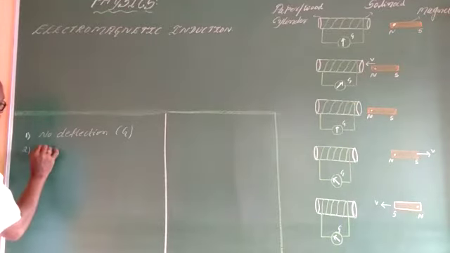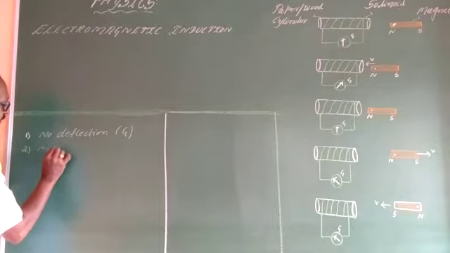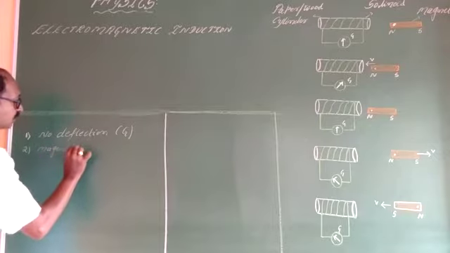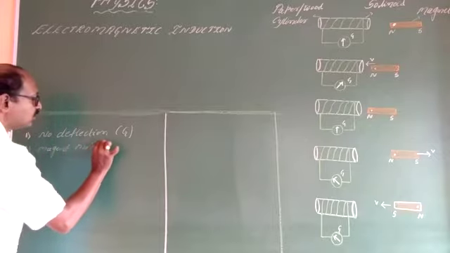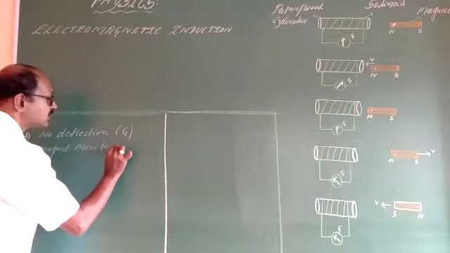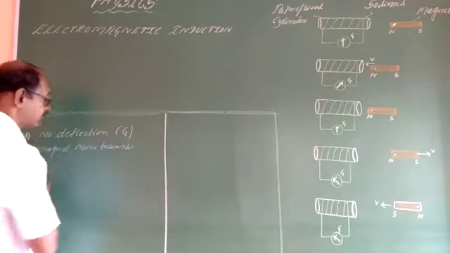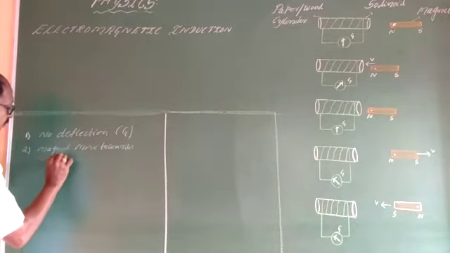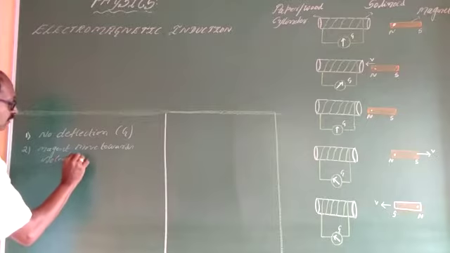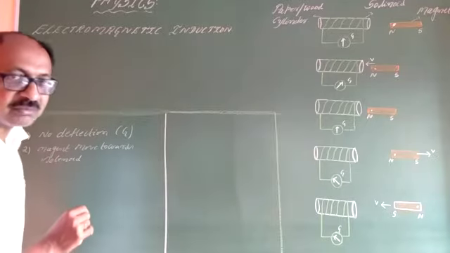So the second thing: the magnet moves towards the solenoid.